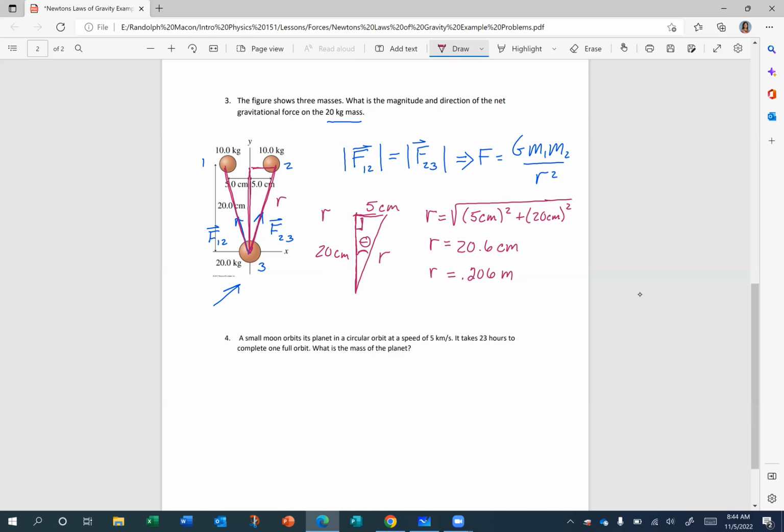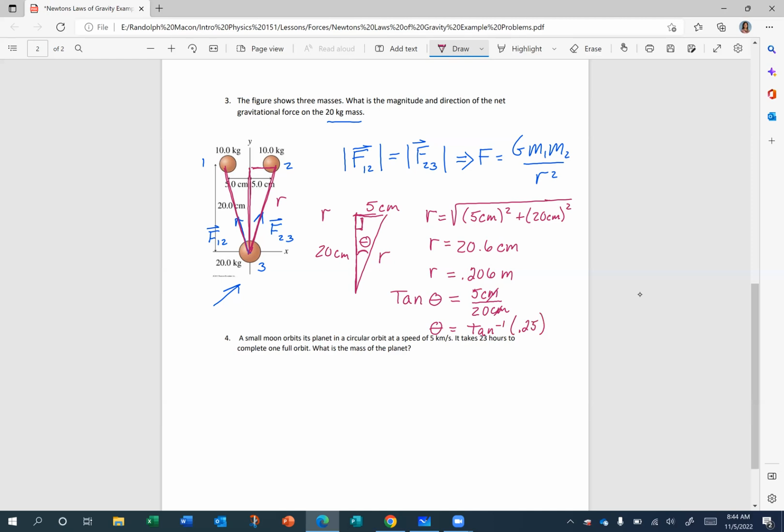And if I look at my triangle, I would say I'm going to use my known values, not a value that I calculated. So I'm going to use the tangent function. And tangent is going to be opposite, which would be the 5 centimeters, divided by the adjacent side, 20 centimeters. So 5 divided by 20 gives us 1/4. Theta is going to be the inverse tangent of 0.25.